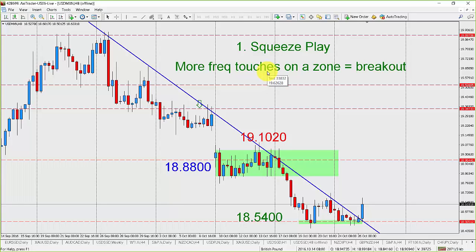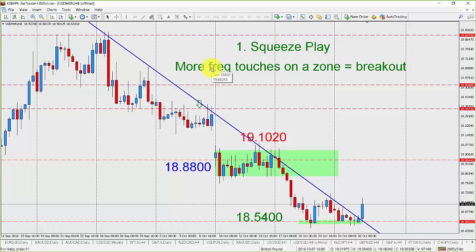And really, what the squeeze play does is it's a graphical representation of this principle, which is this. If the market keeps hitting a horizontal level, and it keeps doing it over and over again. In other words, it hits it, maybe spends a candle away, hits it again, a candle or two or three away, hits it again, another candle away, then hits it again.